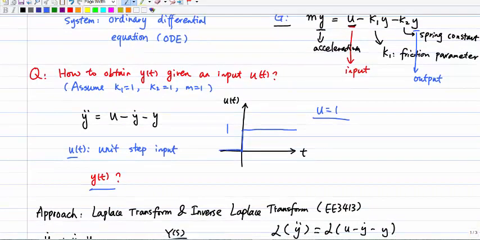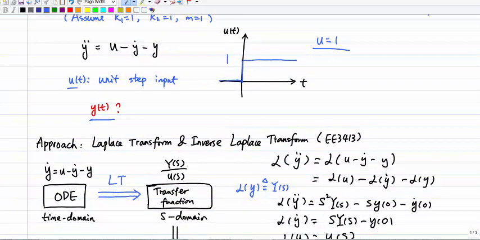One typical approach we talk about in the undergraduate control class is to use the Laplace transform and inverse Laplace transform. Please review the Laplace transform and inverse Laplace transform if you have questions about it. We wouldn't be able to review those in this course, but you can find those materials online, or I can point out some references for you to look at.